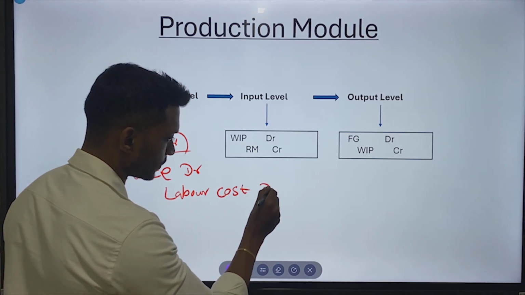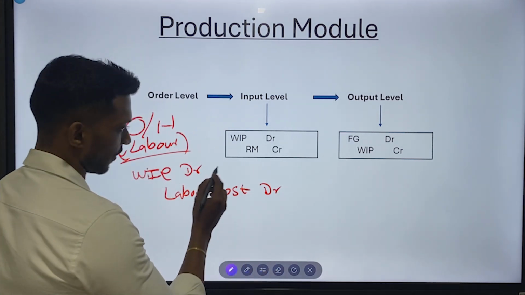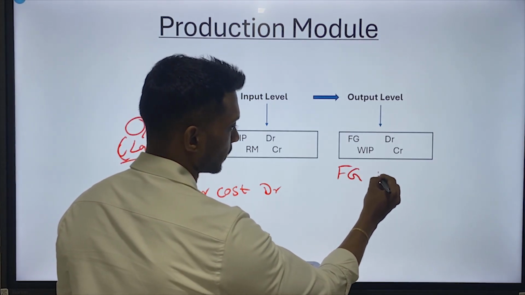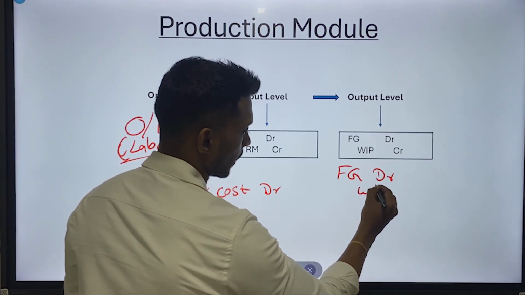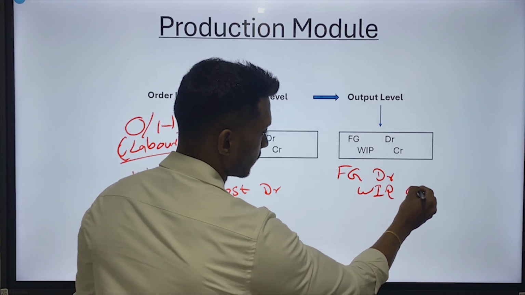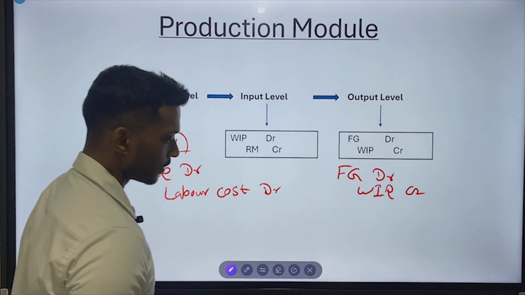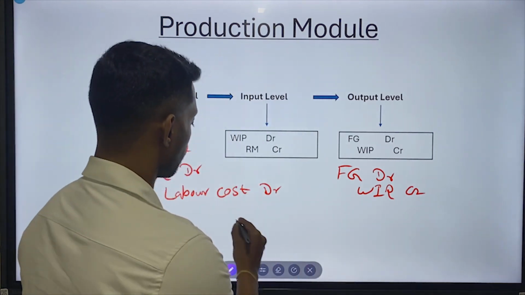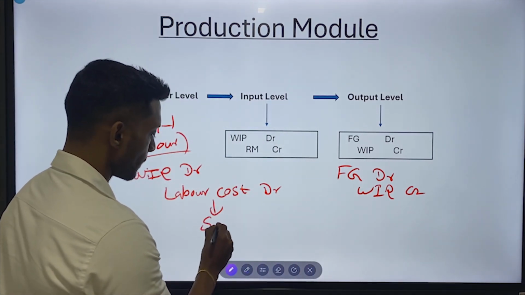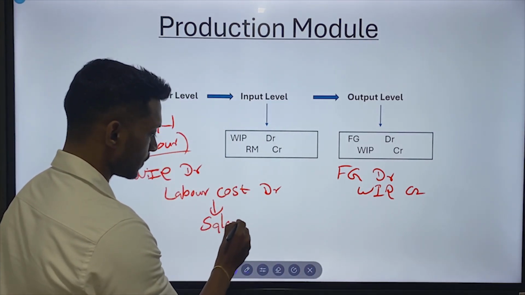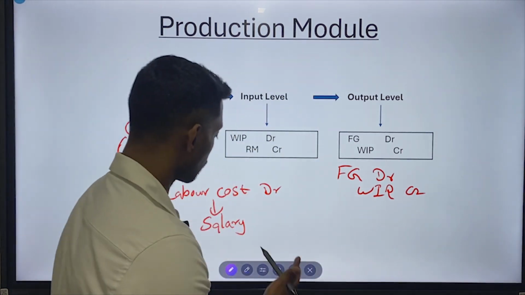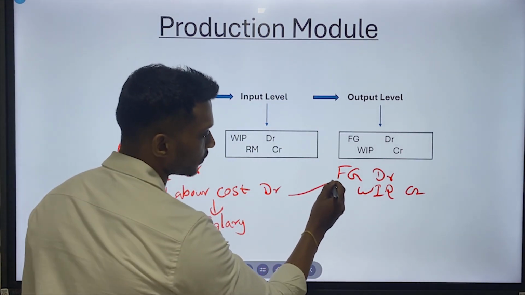The labor cost account gets credit, then right after you get the finished good, the finished good account gets debit, same as before, and the WIP account gets credit. Then what happened to this labor cost account? We can set off this account at the point of paying salaries. So what happened to this cost? This cost is already in the finished good.